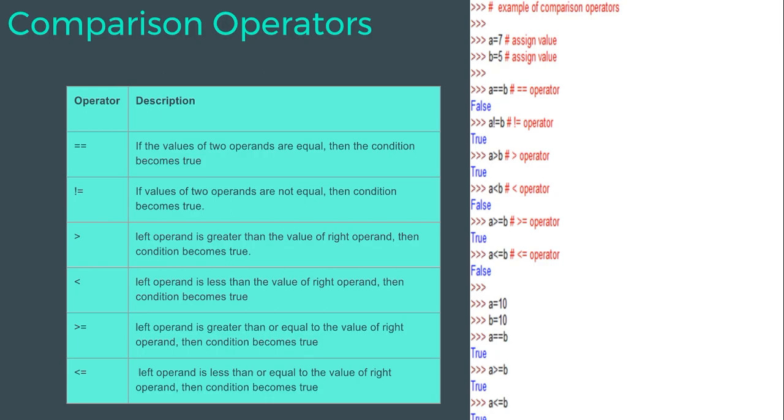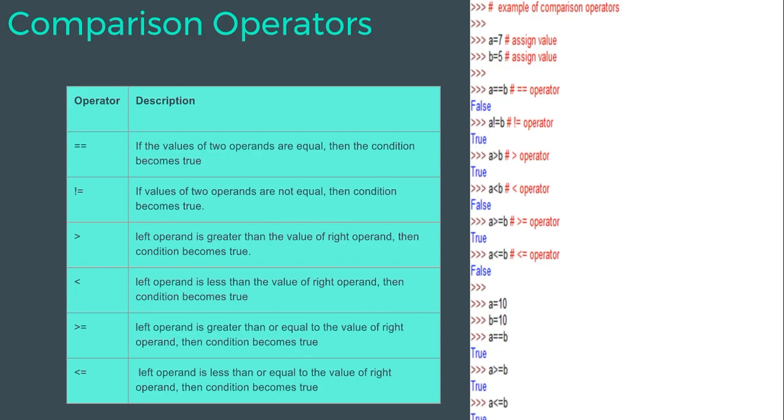If we perform a is not equal to b, then the answer will be true because 7 is not equal to 5. And now a is greater than b, here 7 is greater than 5, so the condition is true, so the answer will be true. If a is less than b, 7 is less than 5, so it is not true, so the answer will be false.